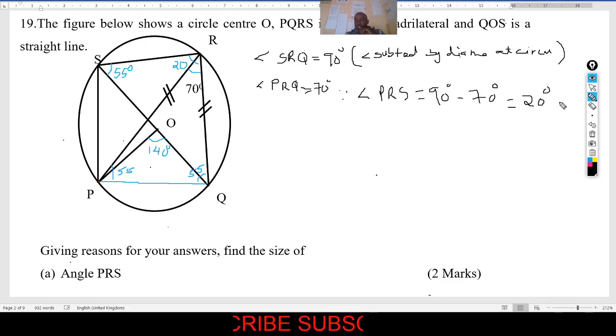So you must show this for you to score the 2 marks. Then we move ahead.